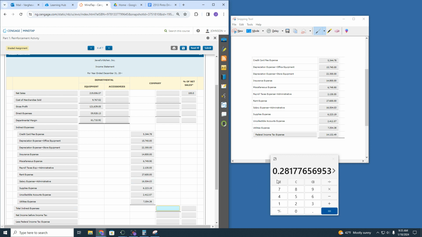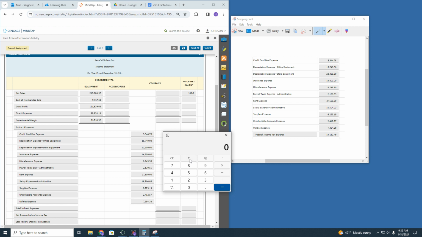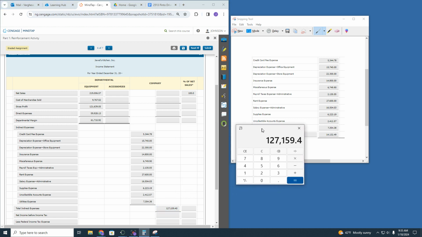Now I need to add those up to get my total indirect expenses. And that's going to give me my total indirect expenses. And then I'll be able to finish this out.